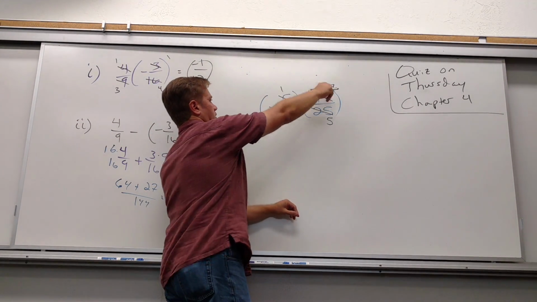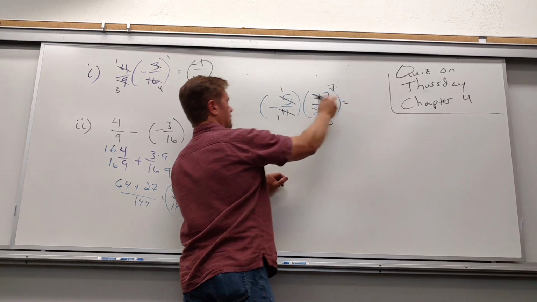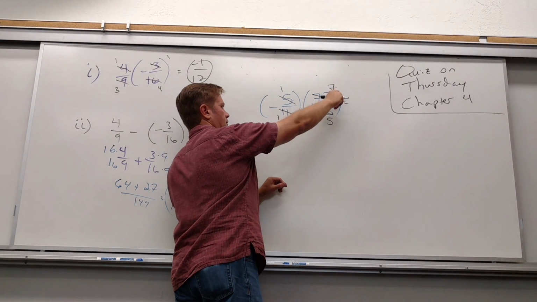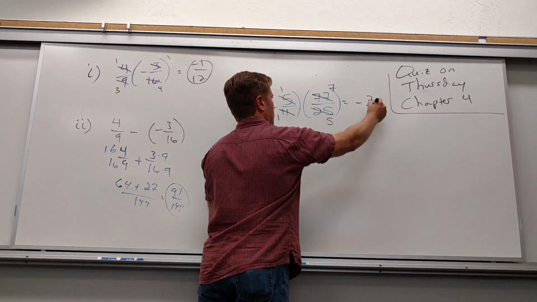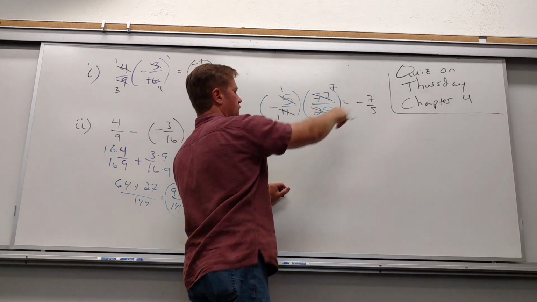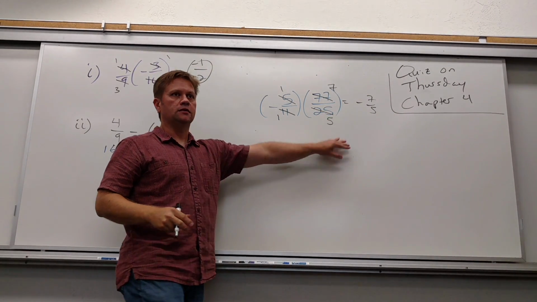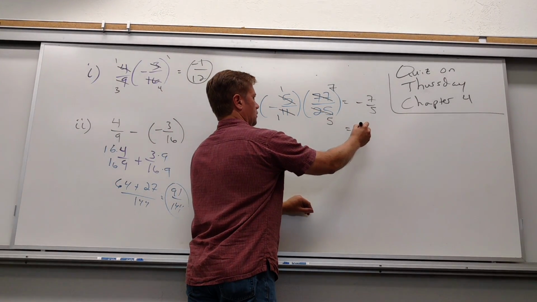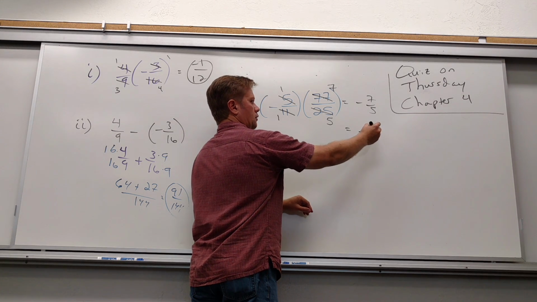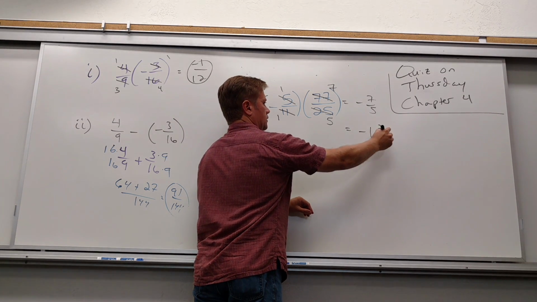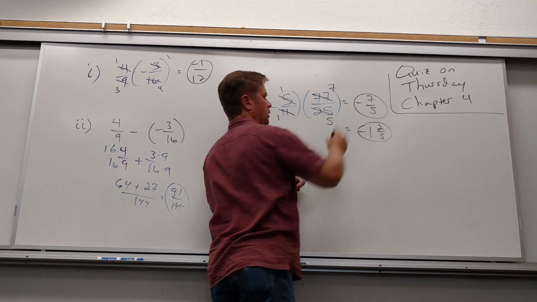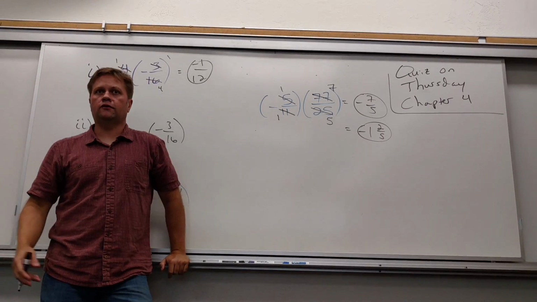So then I get 1 times 7 over 1 times 5, that's nice. Then I get negative 7 fifths, because 1 times 7 is 7, 1 times 5 is 5. What would that be as a mixed number? 1 and 2 fifths. So depending on which way they ask for it, if they don't ask for it, you can give it either way.